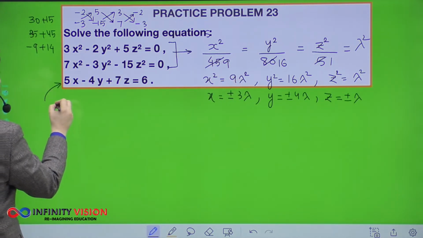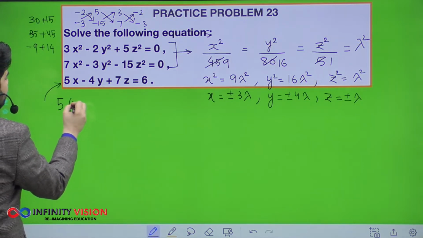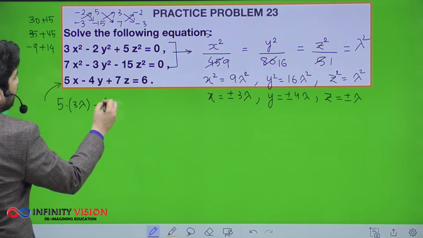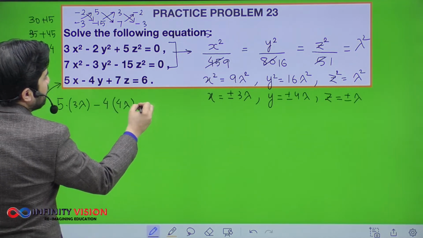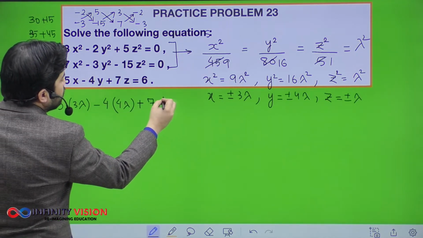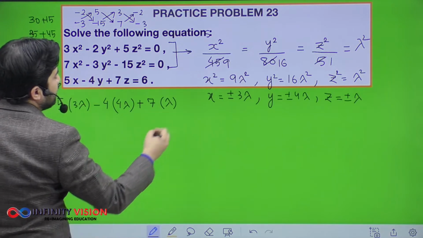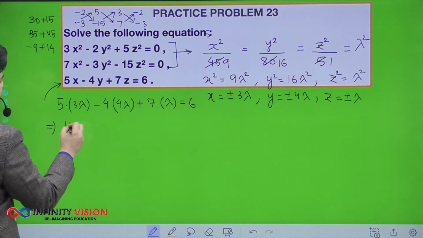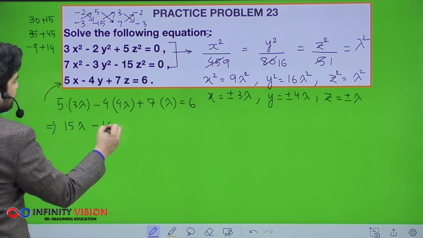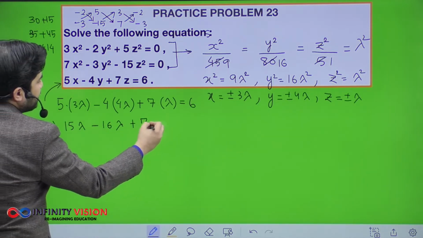So for x, I'm going to write 5 into 3 lambda minus 4 into 4 lambda plus 7 into lambda equals to 6.